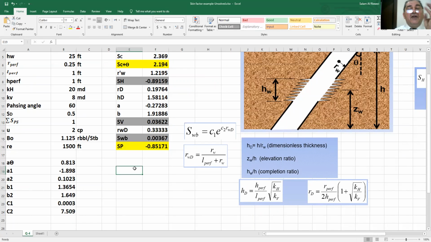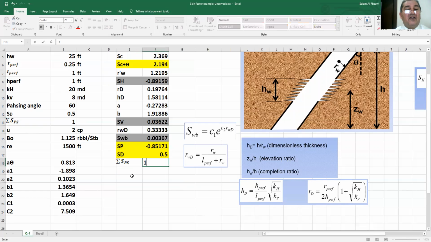Okay, so now we got S sub C plus theta S sub V. Now it is given to us, so we do not need to calculate. S sub D is given to us as 0.5. Let me highlight this one by yellow. And this one, as you can see, is 1, also given to us.